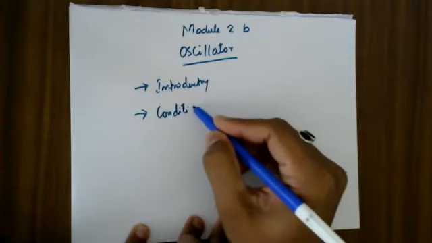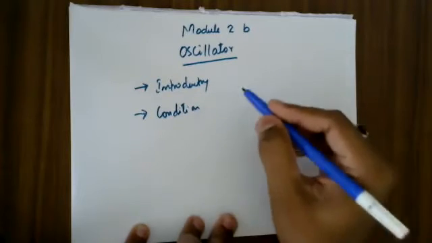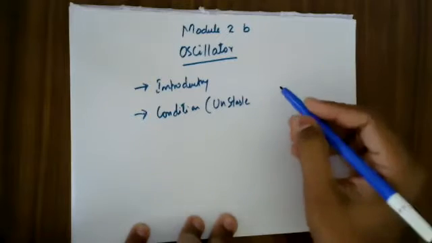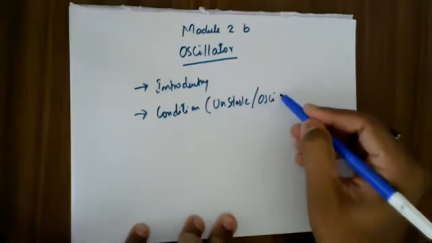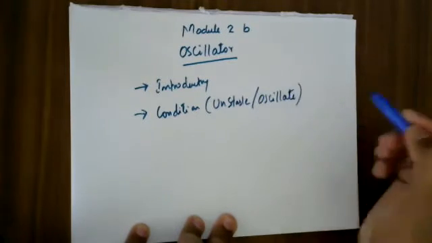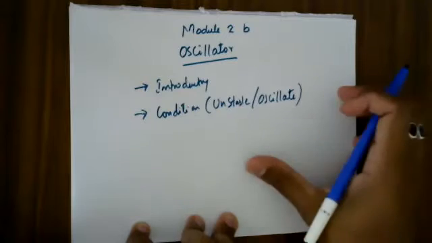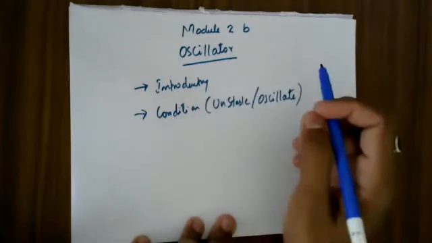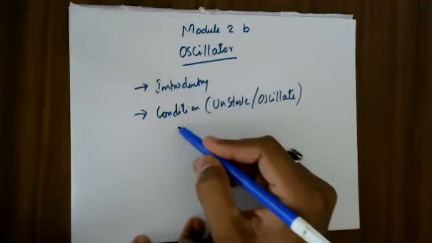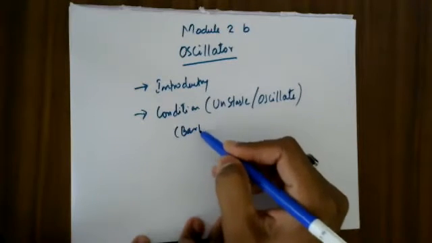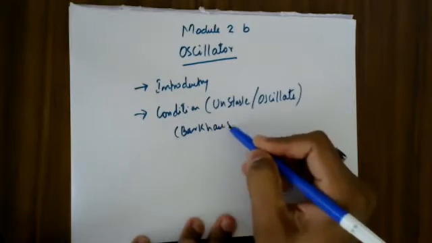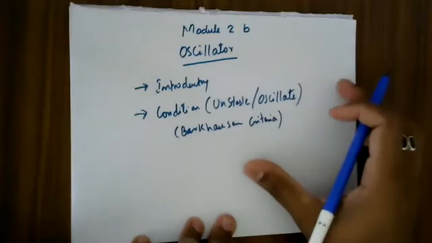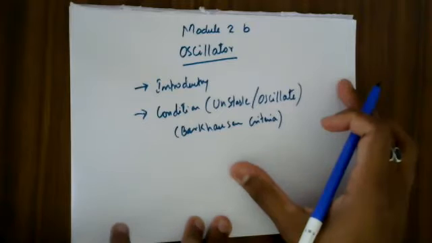So it's a condition for a system to become unstable, or I can say the condition to oscillate. Normally we call this condition the Barkhausen criterion for sustained oscillation.